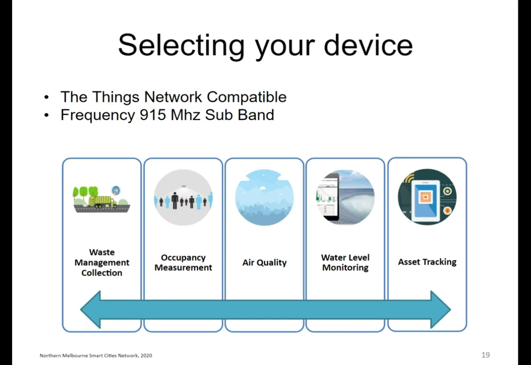Second consideration is to ensure that the device is compatible with the 915 MHz subband. It's our experience that devices on this subband are better quality and provide a better overall quality of service for the network. So when selecting your device, please consider those two elements and you'll be online in no time.